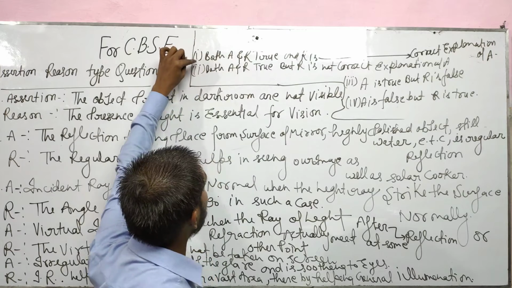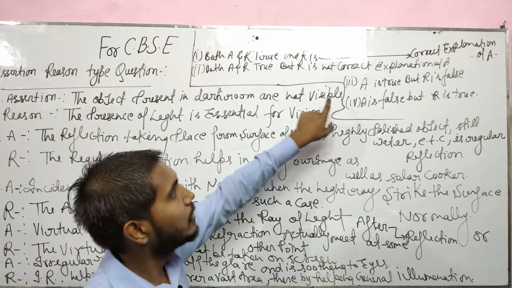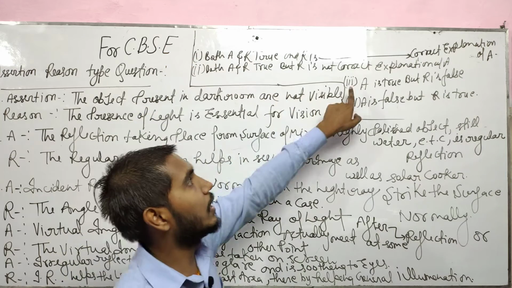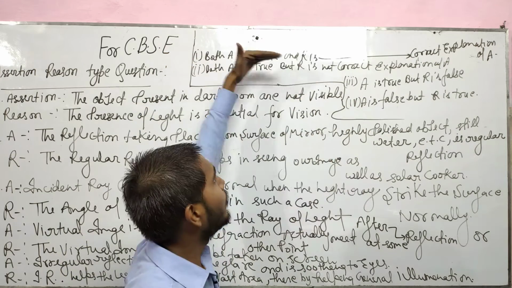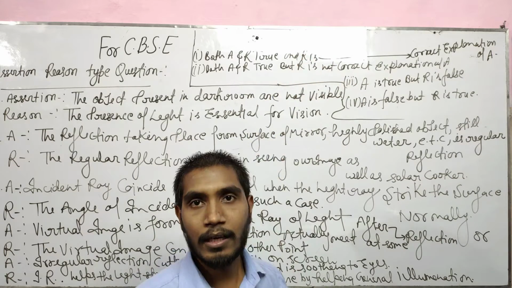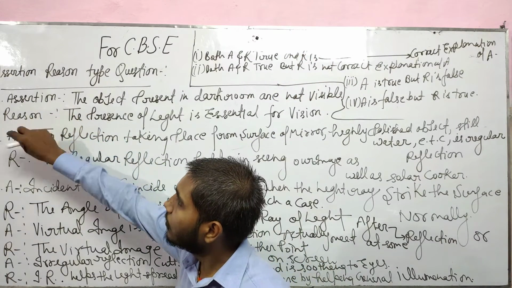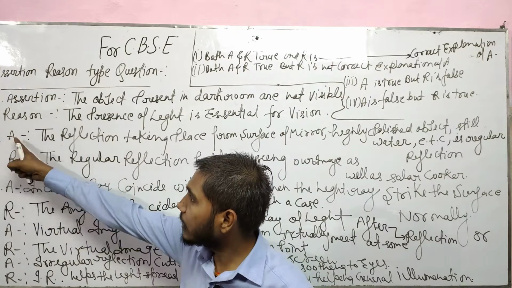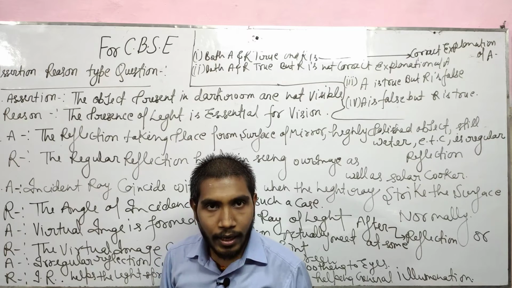In these 4 options, first option, second option, third option, fourth option are provided for every question. For the first question, and also for the second question, these 4 options are provided.